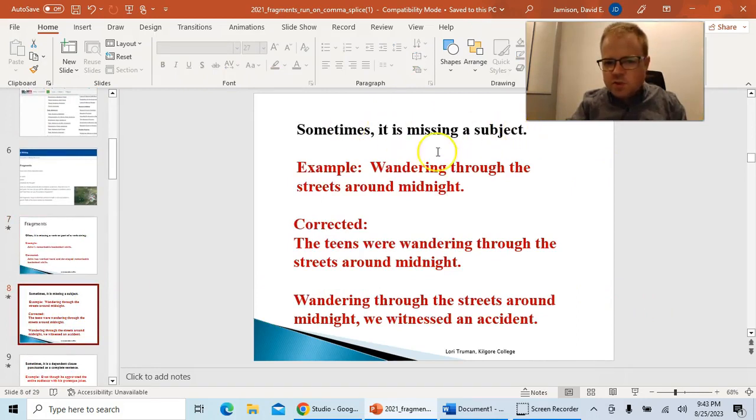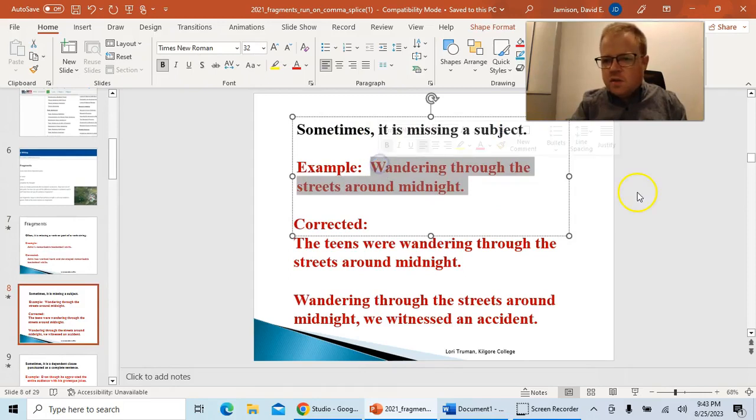Sometimes it's missing a subject. Wandering through the streets around midnight. So this one doesn't have a noun to tell us what this is about. We know something's wandering the streets, but we don't know what. And so here's two different ways to correct that with completely different subjects.